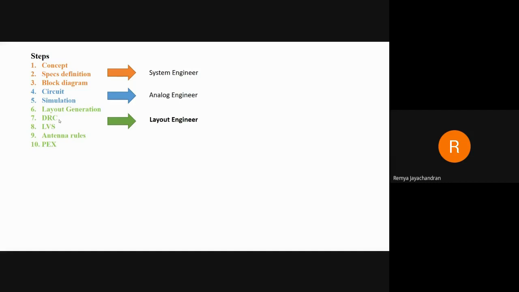Some set of design rules are there, and we have to check that. Once it satisfies everything, then we go for the layout versus schematic check, that is the LVS check. In this, we compare the schematic with the layout, whether all the terminals are there and whether it is matching with the schematic.